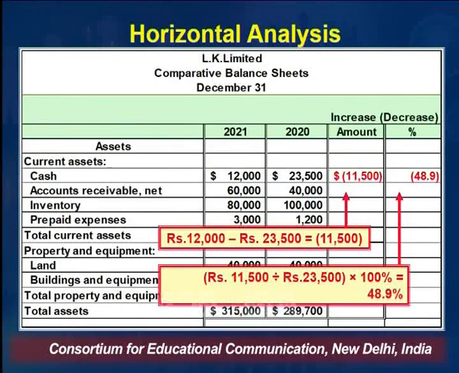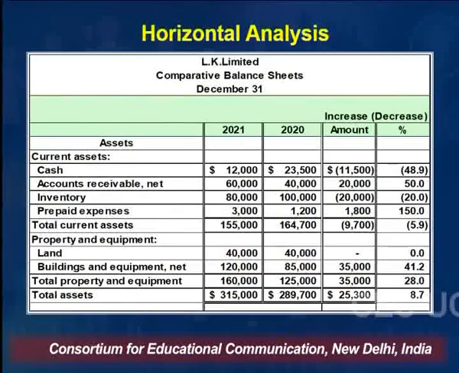Likewise, when I'm preparing the comparative balance sheet, we have to do the calculation for all the items which are listed here. And when you start doing so, you can find here that I have computed in the column of amount as well as in the column of percentage whatever increase or decrease.